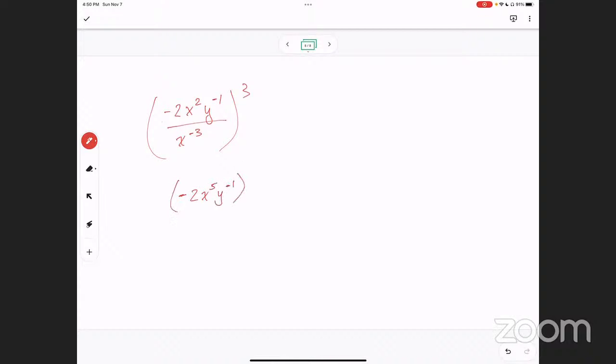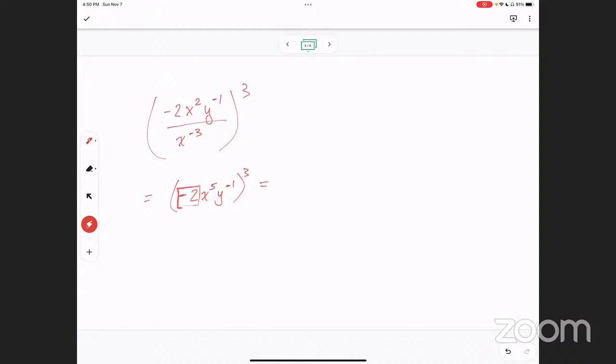You see why I didn't want to distribute that 3 in yet? Now when I distribute it in, I won't have to mess with those x's on the top and the bottom anymore. So what does that equal? Now be careful. You have to distribute it to all of these. This, this, and this. Do them one at a time.